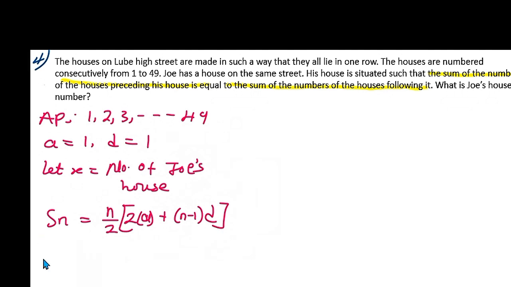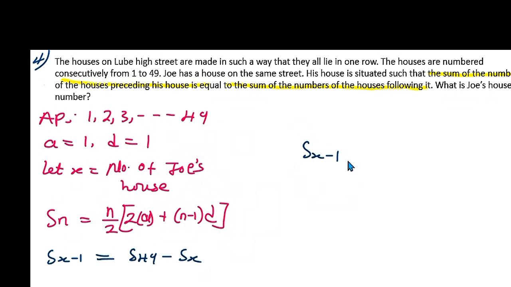Okay, so we have here S of x minus 1 should be equal to S of 49 minus S of x. Now let me explain. The x minus 1, we are looking at the partial sum of the houses preceding Joe's house.